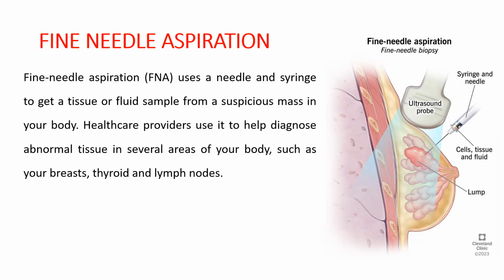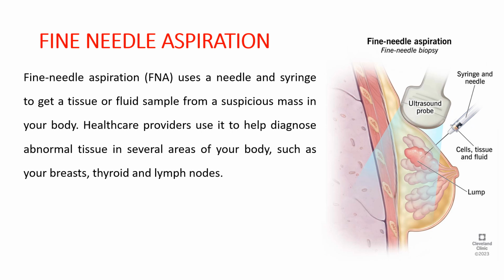Fine needle aspiration. So what is fine needle aspiration? FNA uses a needle and syringe to get a tissue or fluid sample from a suspicious mass in your body, like a breast lump. Healthcare providers use it to help diagnose abnormal tissue in several areas of your body, such as your breast, thyroid, and lymph nodes.